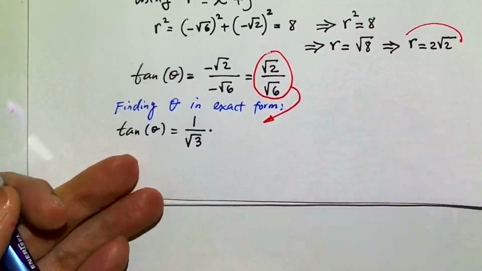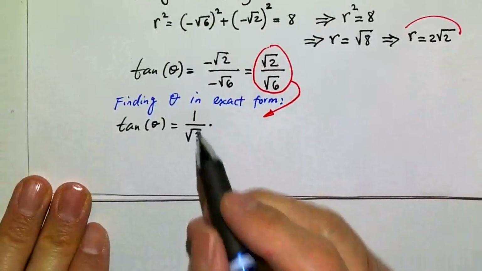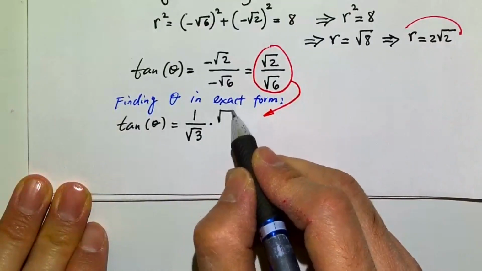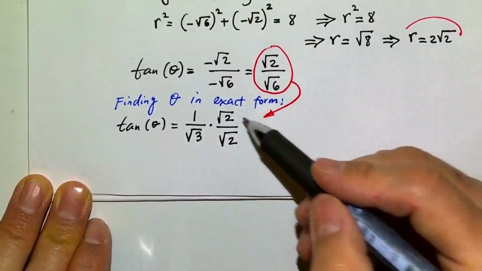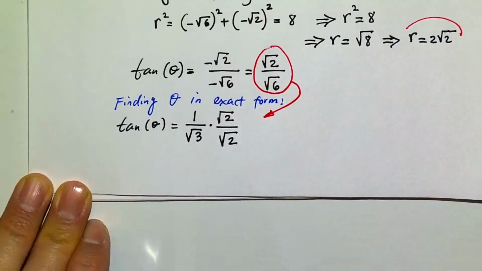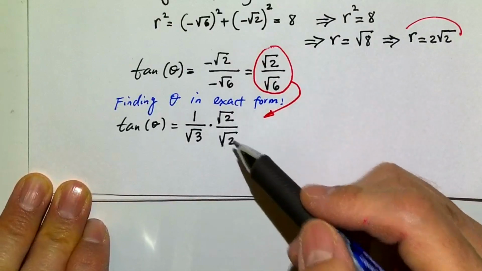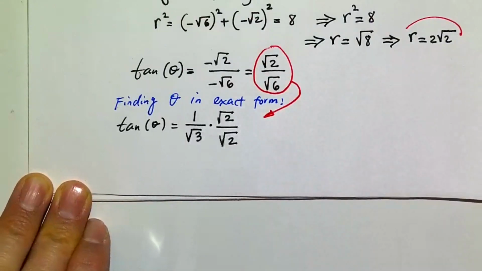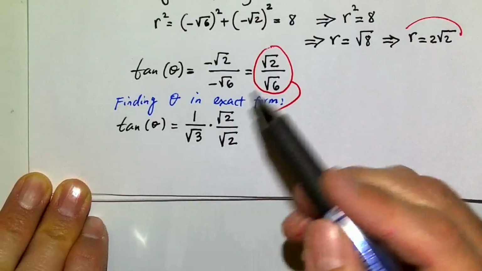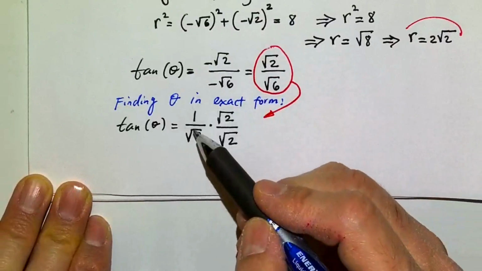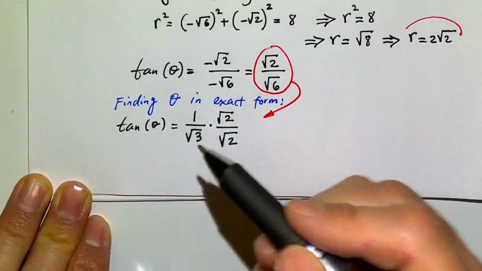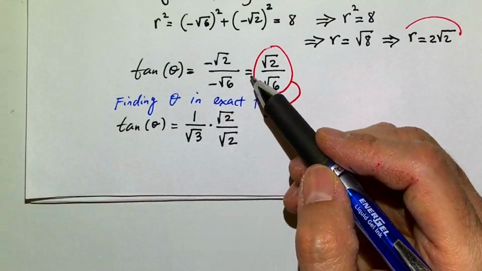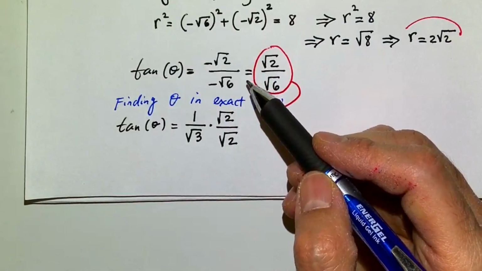So we break this up into 1 over square root of 3 times square root of 2 over square root of 2. Square root of 2 over square root of 2 is just 1, right? So we're multiplying that by 1 over square root of 3. Now, the reason I did this is because 1 over square root of 3 is the same thing, if you rationalize it, as square root of 3 over 3.